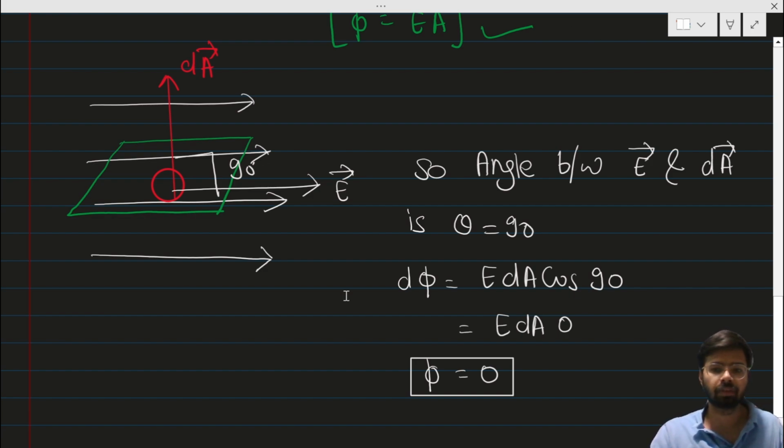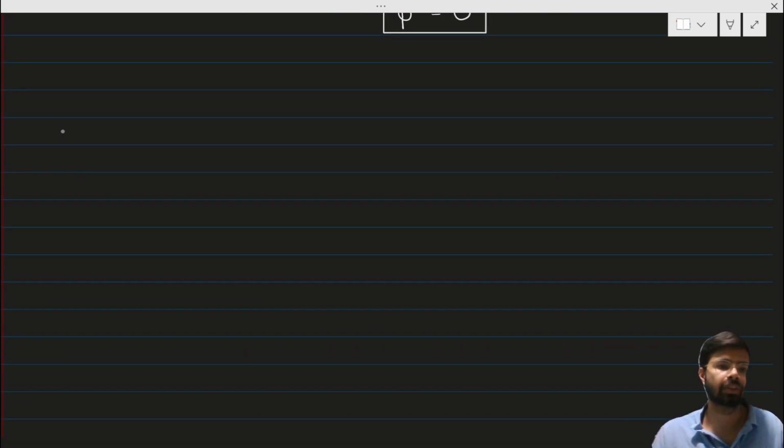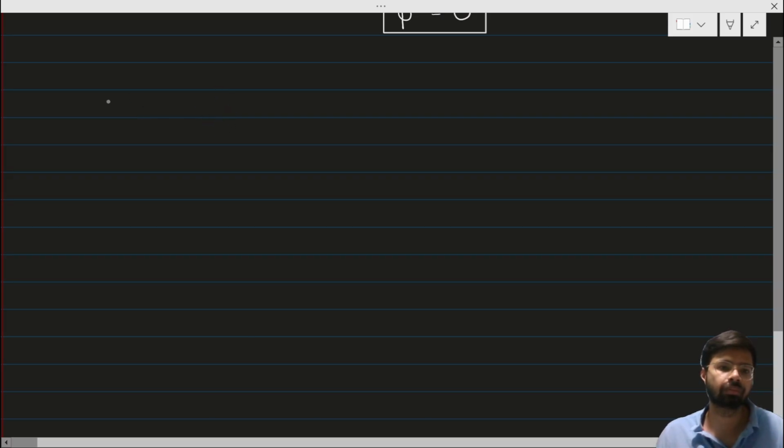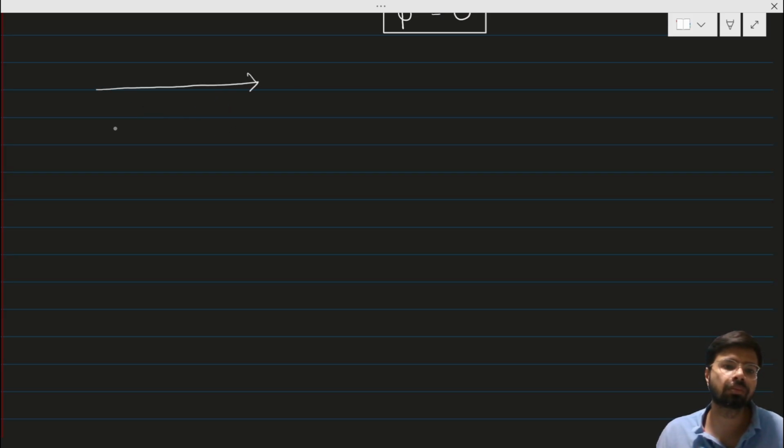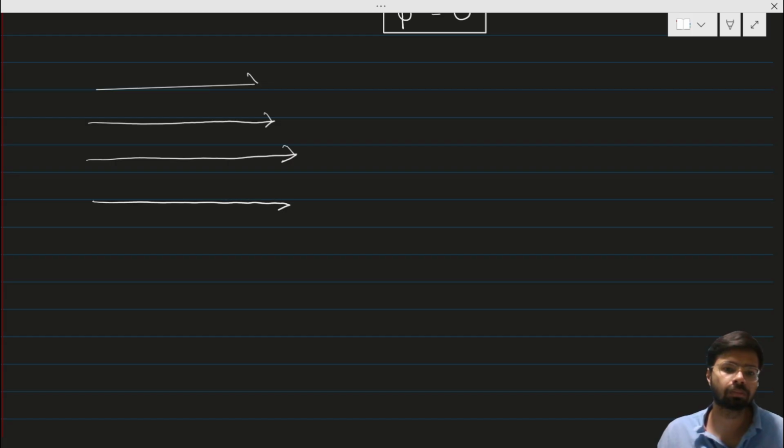Let's take one more example in which electric field lines are like this. A sheet is kept like this at an angle of 60 degrees.